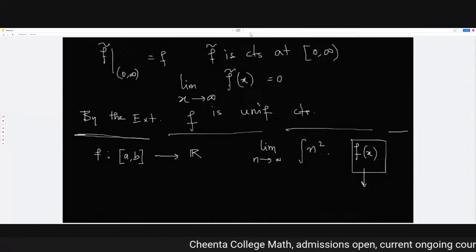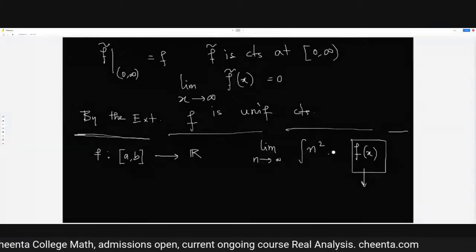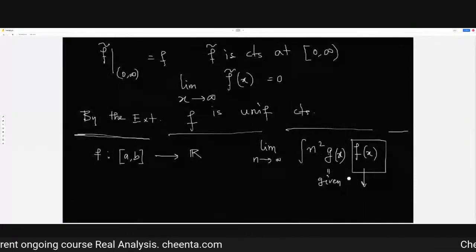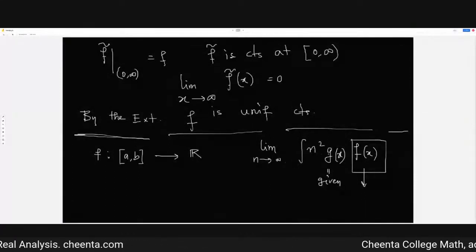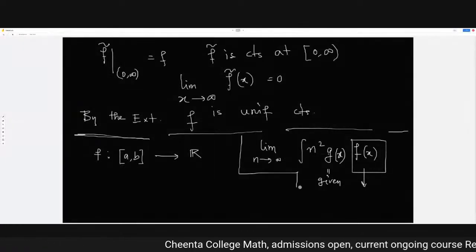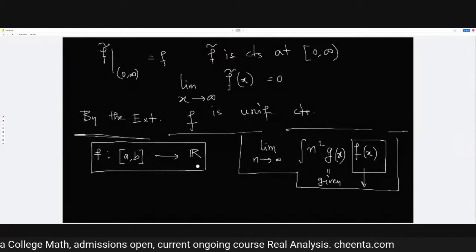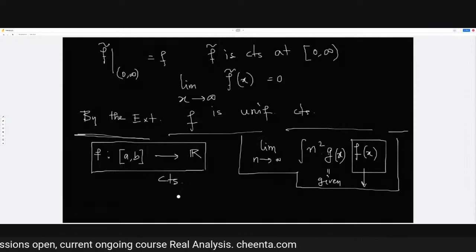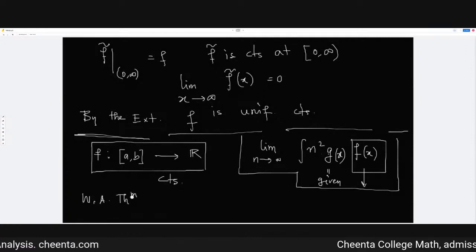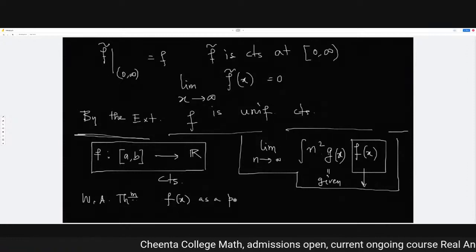So let me tell you again. If you have a problem like this, let's say n square, and this g of x is given. Given means it has an explicit form, and you have been asked to compute the limit of this, provided that f is given to you as a continuous function from a closed interval a comma b to R. Then the Weierstrass approximation theorem compels you to use f of x as a polynomial.